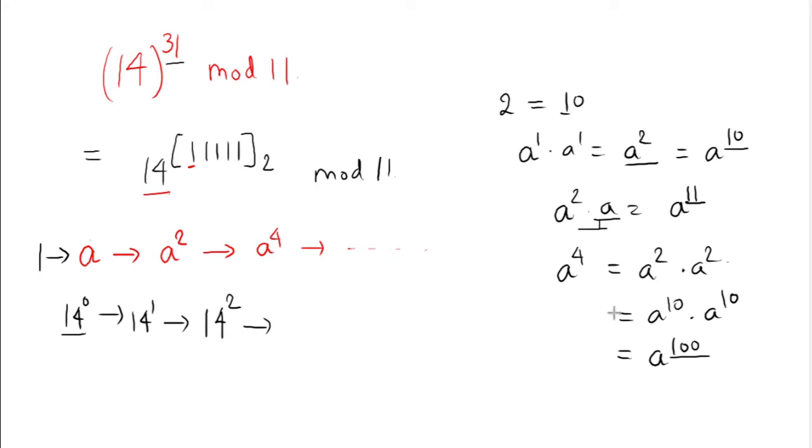So in case the next value would have been 0, then only squaring would have taken place, like here. But in case the next digit is 1 in the binary representation, then one more times a has to be multiplied. This idea is known as the square and multiply method.